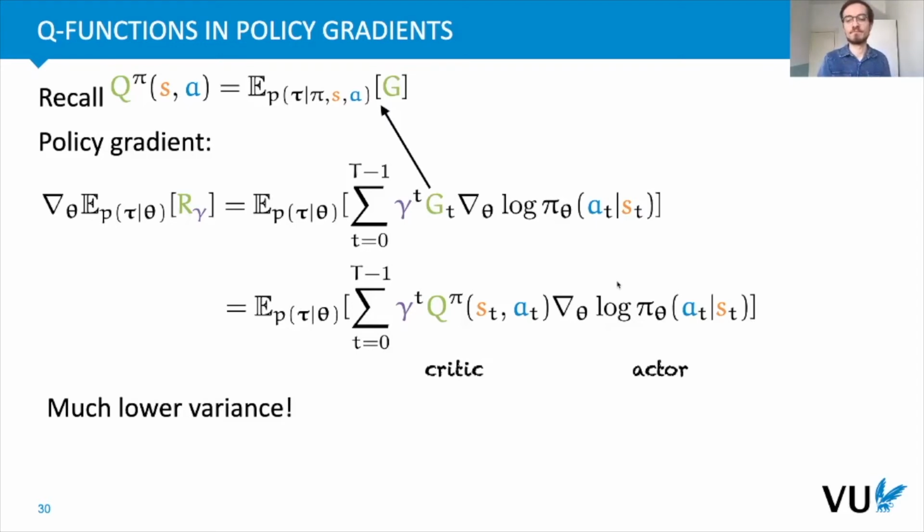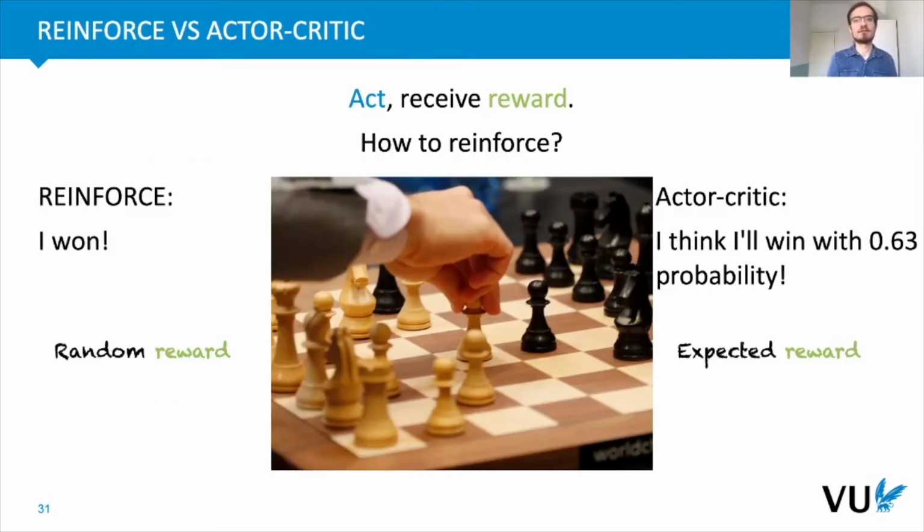So why is this? Let's return to the chess problem. In REINFORCE, we execute an action and we see what happens. Okay, maybe we won, right? That's a random reward. Actor-Critic is a bit different. Instead of saying I won, we say I think I'll win with 0.63 probability if I take this action. So that's a much lower variance signal, right?